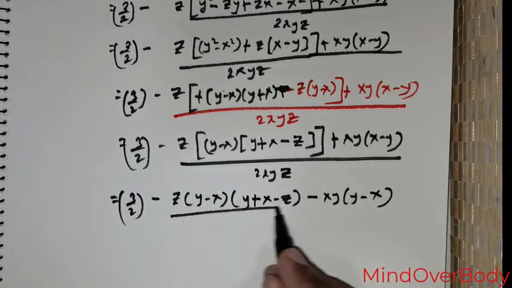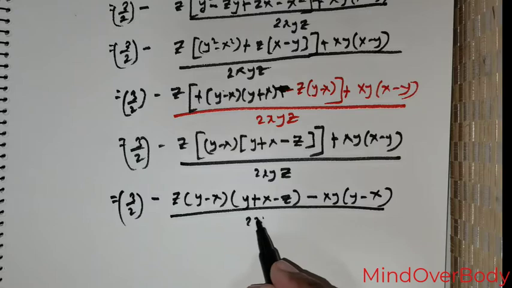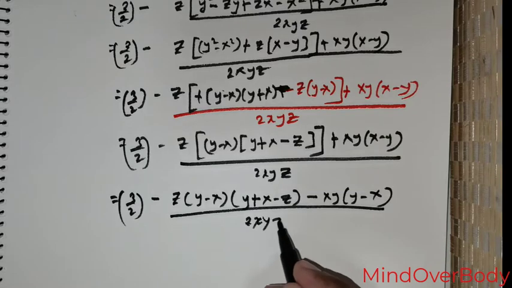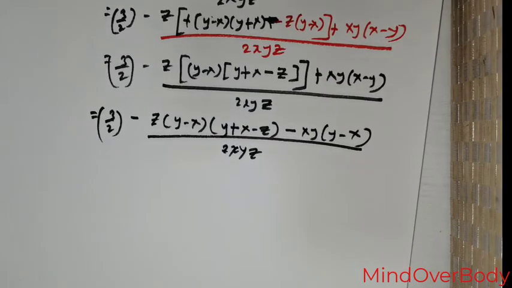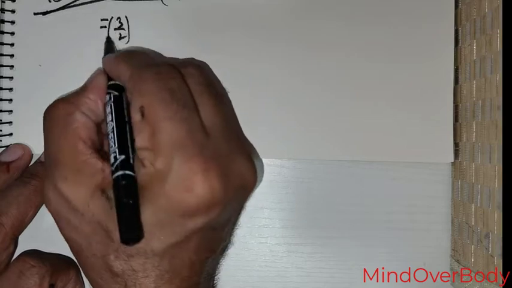So this is what I've got, divided by 2 times xyz. So we will rewrite the above in this fashion.